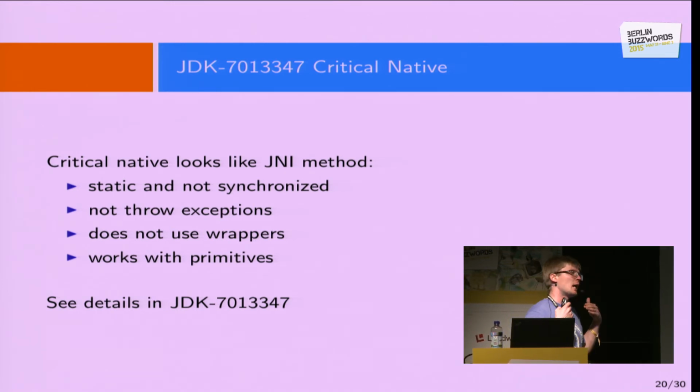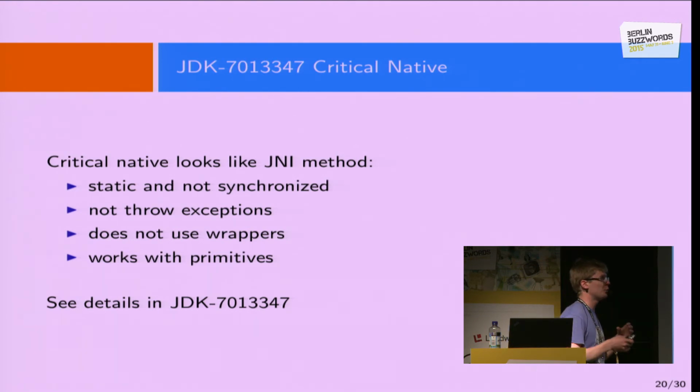It just provides a reference to the array from the heap into our C routine, so we can work with the array from the Java heap and do anything with it. The JVM does not check what we do. We can do what we want with the array.